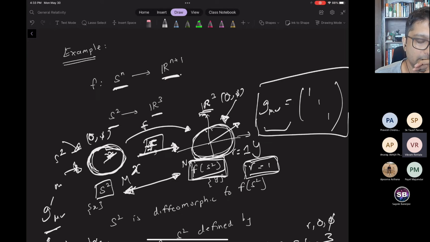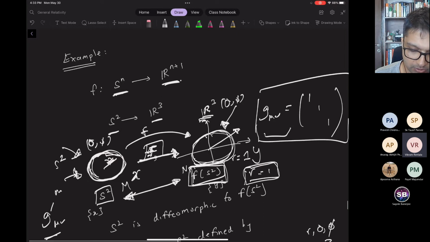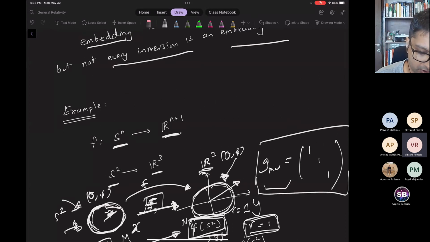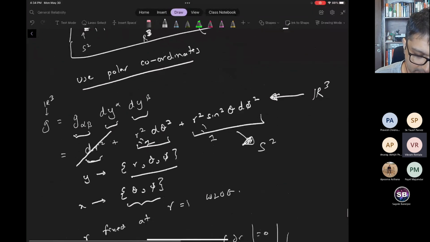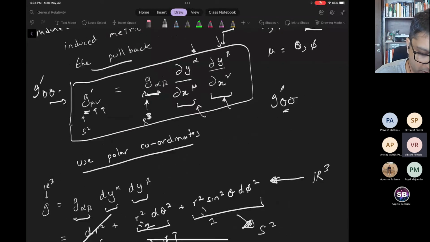Sir, how do you put these g mu nu and g prime mu nu things in matrix form? So what I did was, this is the index form.